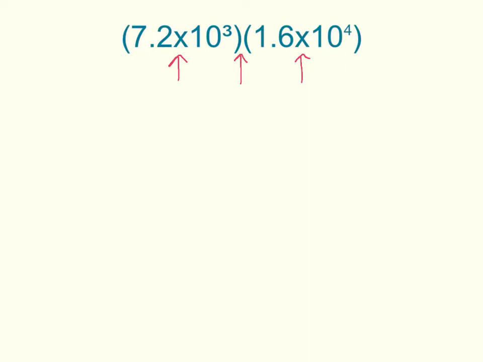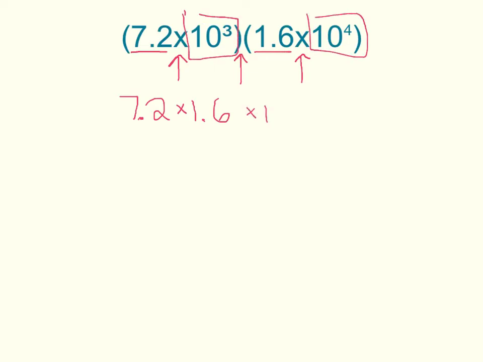So I'm going to get rid of my parentheses, and I'm going to write my two coefficients first, 7.2 times 1.6, and then match up my powers next to each other. So times 10 to the third times 10 to the fourth.